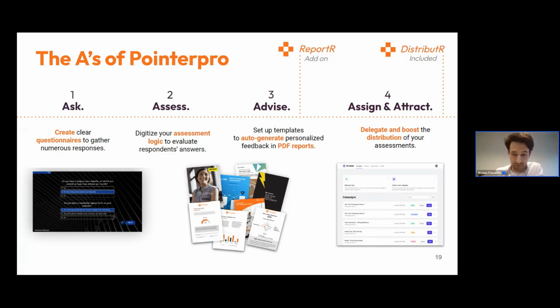But it is there if you're ready to take your reports to the next level and take your business to the next level. If you are already on the distributor plan, or if you're looking towards the distributor plan, you don't have to worry, because it's just included, and you can start with it immediately.